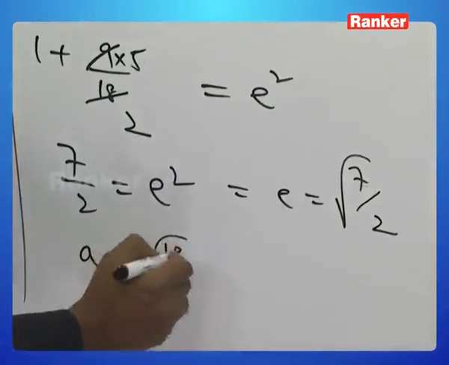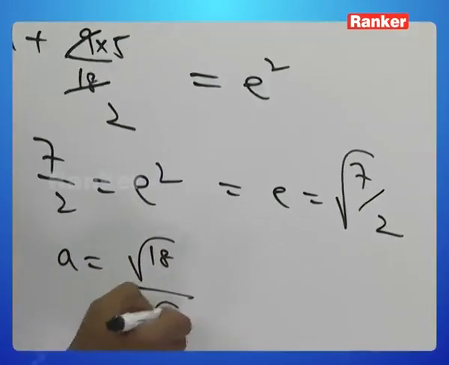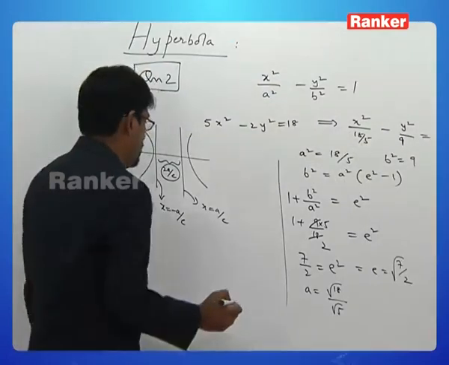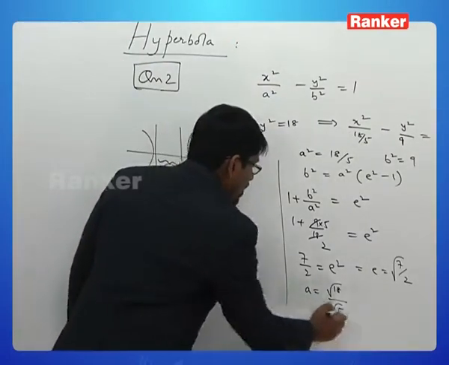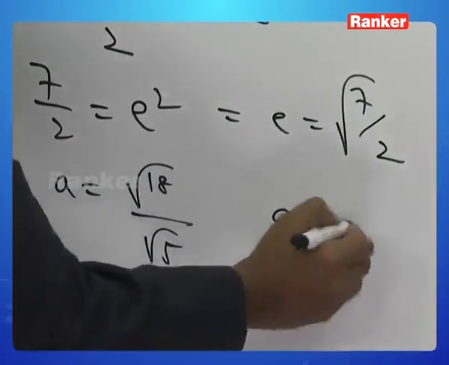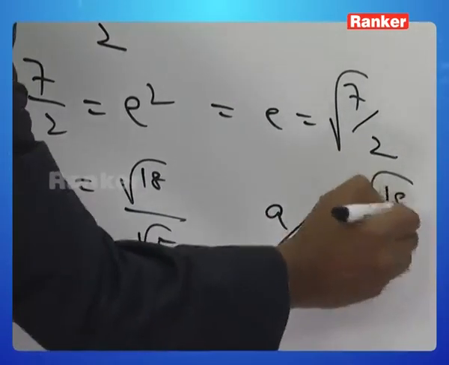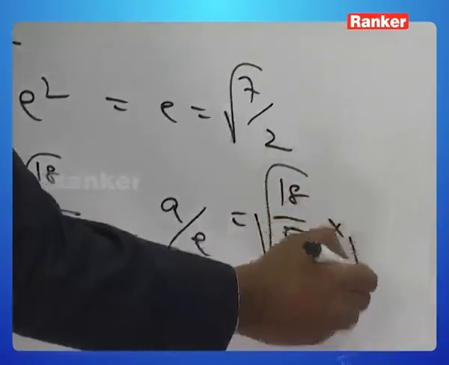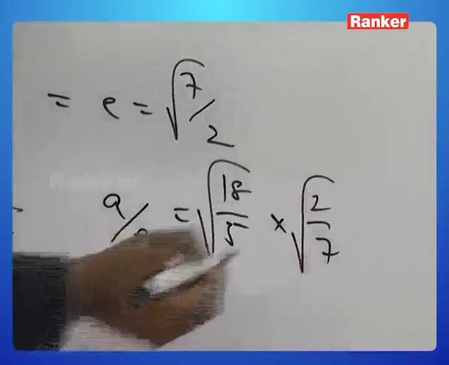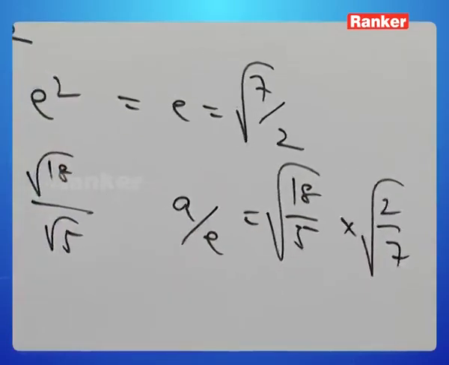Under root of 18 by 5. If I go for a by e, what is a by e? Root 18 by 5 into root of 2 by 7. That is our a by e.